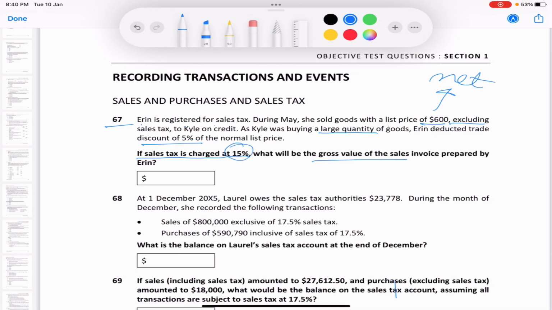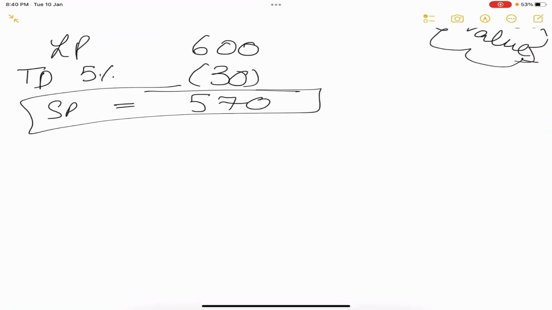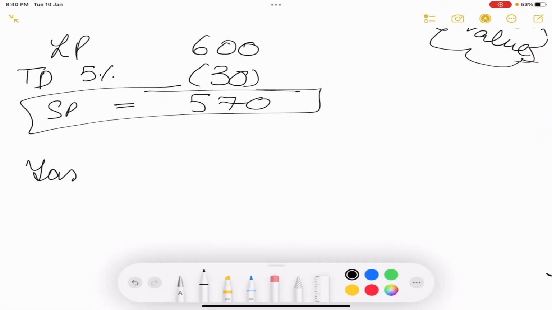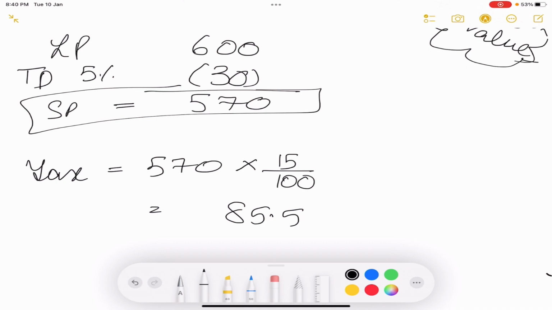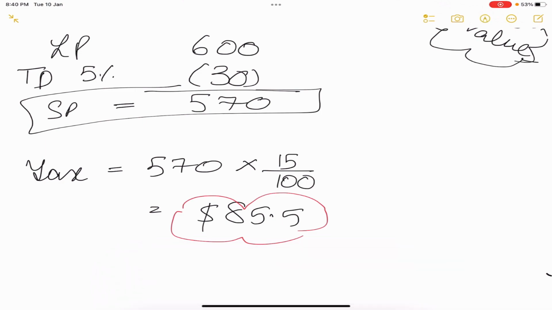Sales tax is 15%. Now let's find the tax. Net value is given to us, so 570 into rate upon 100, which is going to be $85.5. So this is my tax, $85.5.